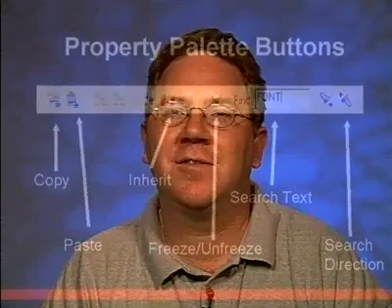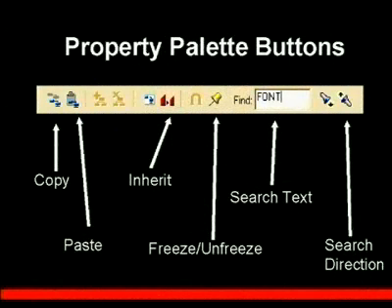And likewise, because you have so many different properties in your property palette, it may also be hard for you to find them. So that's why they have this little window. That's the find window. You type in, say, font, and it'll immediately go down to the next occurrence of a property which begins with that.